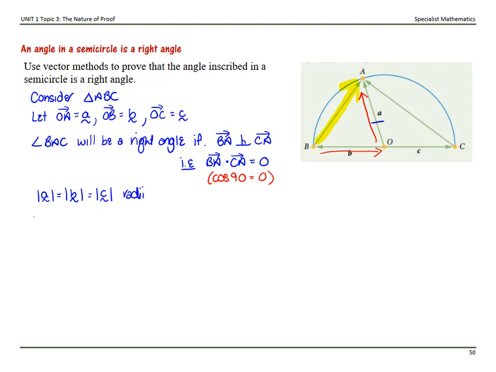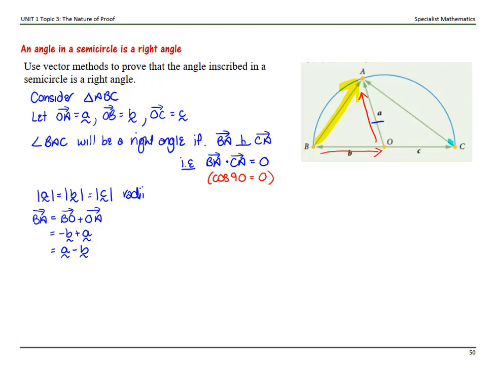So vector BA equals BO plus OA. So that's minus B plus A, or A minus B.